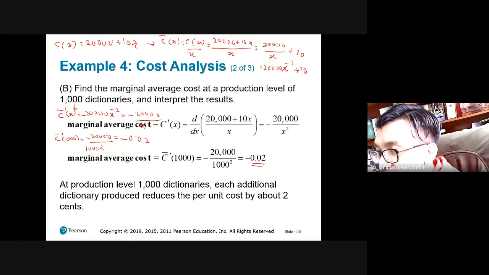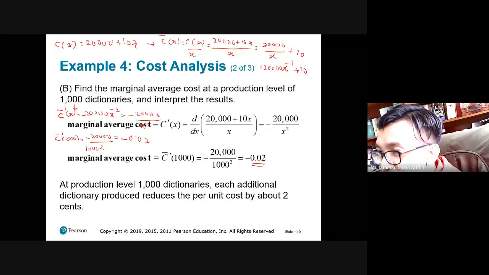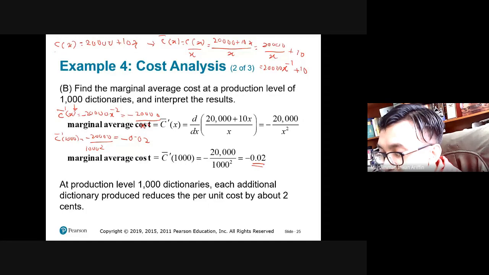The average will become cheaper. Like when you want to order t-shirts or print your books, 10 units, the average cost will be higher compared to when you order 1,000 units. Of course, total cost will be higher, but the average cost will be cheaper. If you order a larger amount, the average cost will be lower.